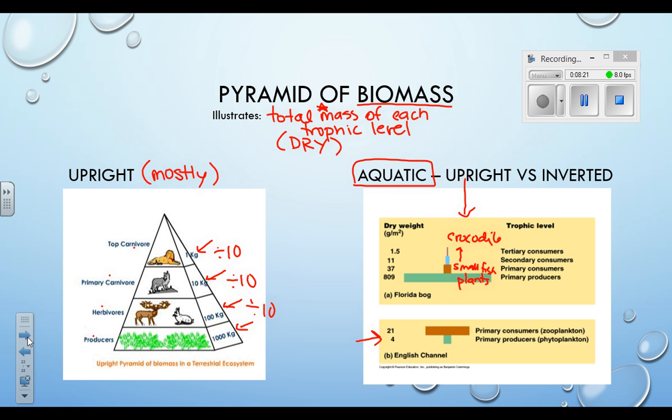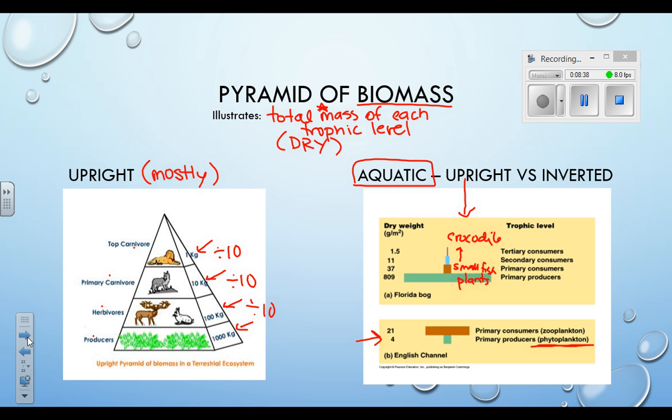When the primary producer is phytoplankton, phytoplankton are essentially 100% water. So if you take away water from the calculation, their mass is basically nothing. They have almost no mass at all.